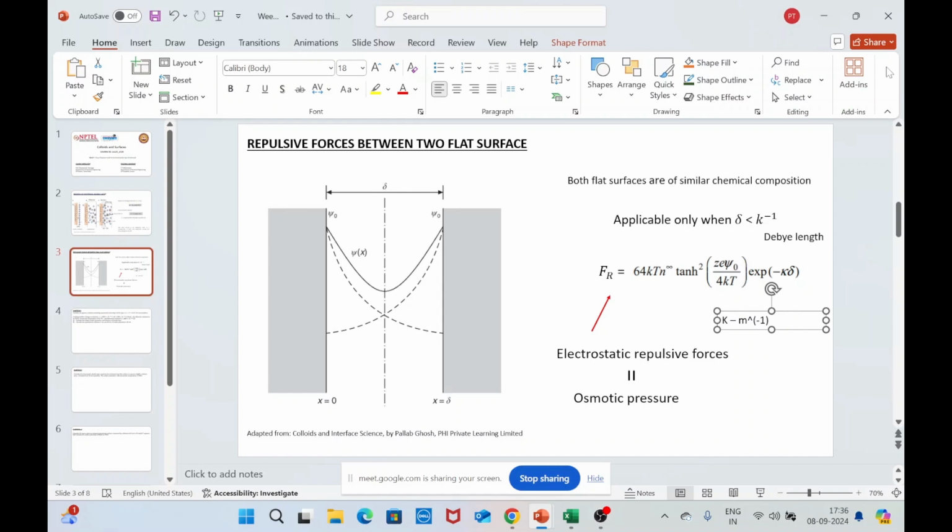So I was just asking if anyone has any doubts related to what we are discussing now, especially this, the concept of separation distance and your Debye length.